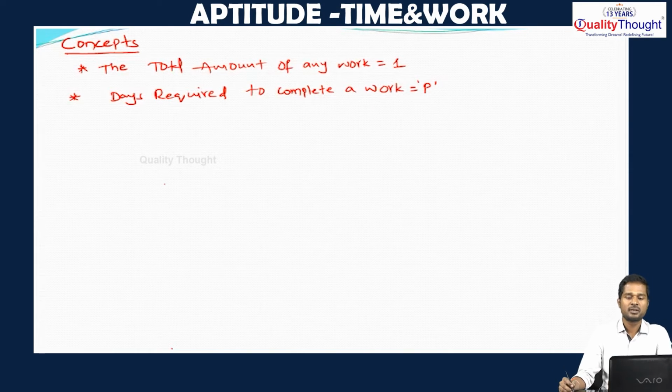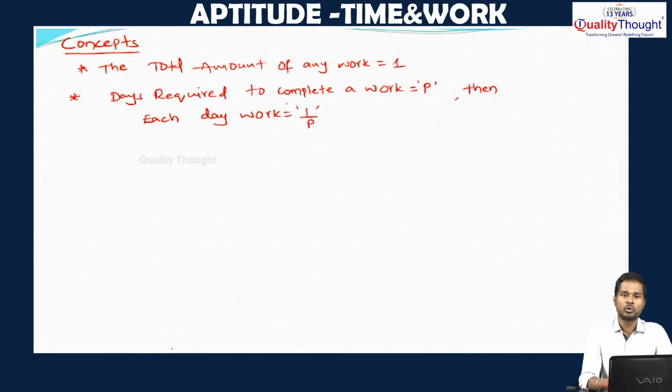Consider a person requires p days to complete a work, then every day he will do a work of 1 by p. We will write it as each day work will be given as 1 by p. This is the thing we need to keep in mind.